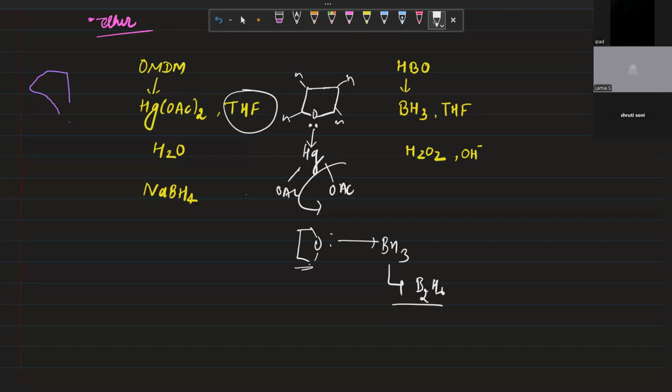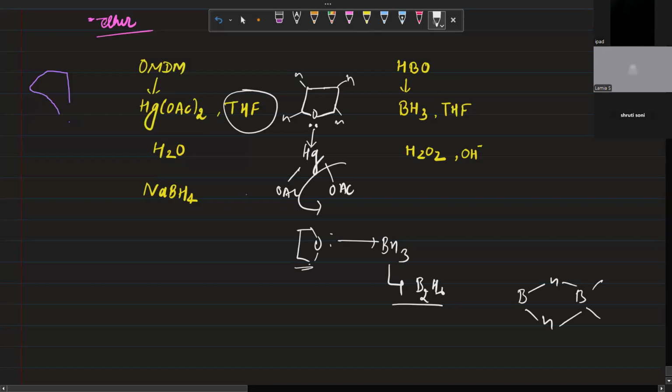What's wrong with the polymer form? Like why can't we use the polymer form? Because after polymerization the compound will stabilize. B2H6 looks like this: boron, boron, with hydrogens. This is B2H6 and BH3 is like this.